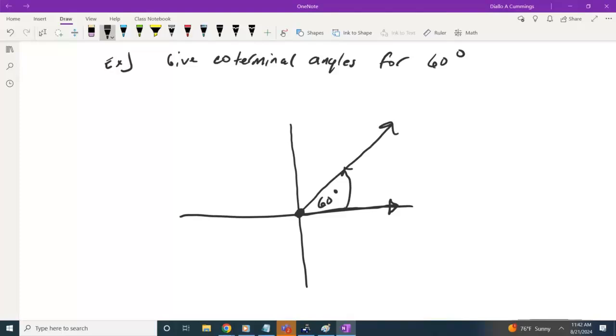How could I find an angle that's coterminal with 60 degrees? Keep in mind that a coterminal angle starts at the same spot and ends at the same spot. So it's possible to take this terminal side and do what to it? Add 360. So 360 plus 60 is what? 420.